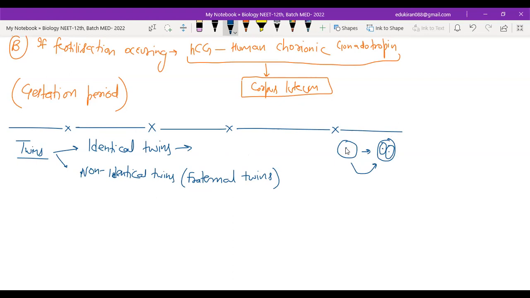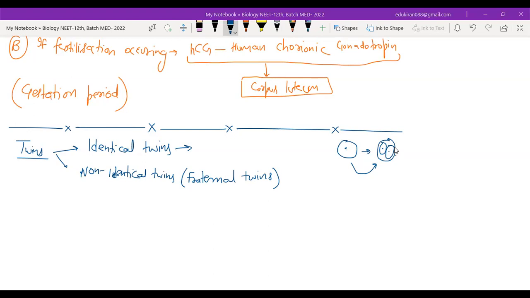Yes or no? Yes, sir. Okay, good. So when the zygote divides from 1 to 2 and becomes an embryo, these two cells should stick together normally, and then they become 4, again sticking together. They should be there till a bulk of cells is formed, which is called morula.